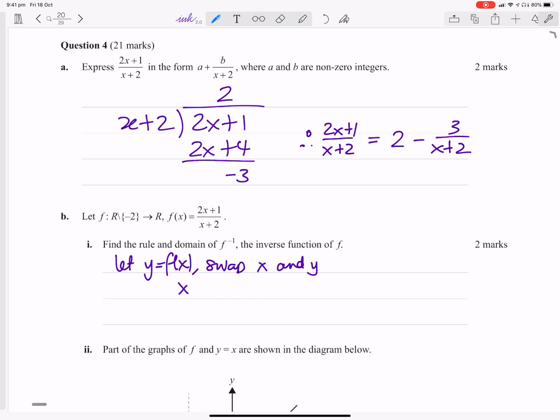So if I have x equals 2y plus 1 on y plus 2, xy plus 2x is equal to 2y plus 1.